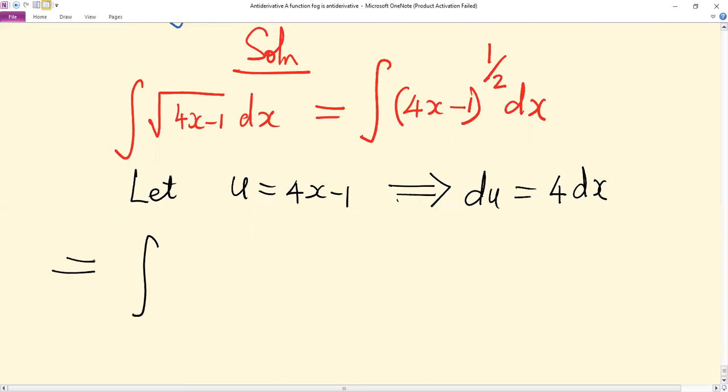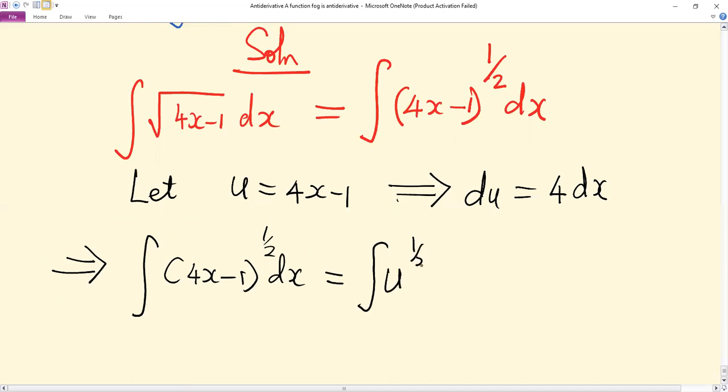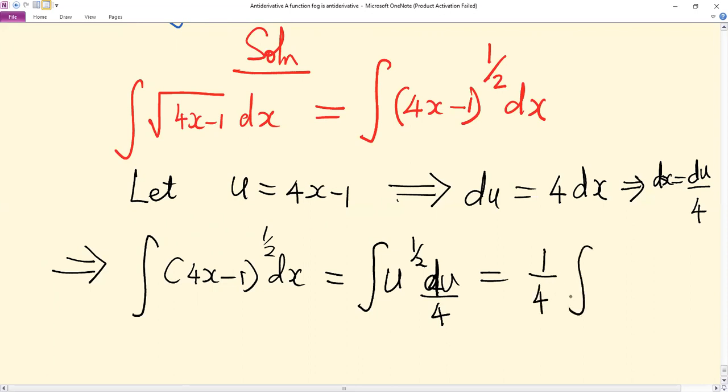So this implies that the integral of 4x minus 1 raised to power half dx will be the same as the integral of u raised to power half, and then where there's the dx, you replace it. If du is the same as 4 dx, then dx alone will be du over 4. You divide through by 4. So this will be du over 4. And this quarter, you factor it out. So we'll have 1 over 4 times the integral of u raised to power half du.